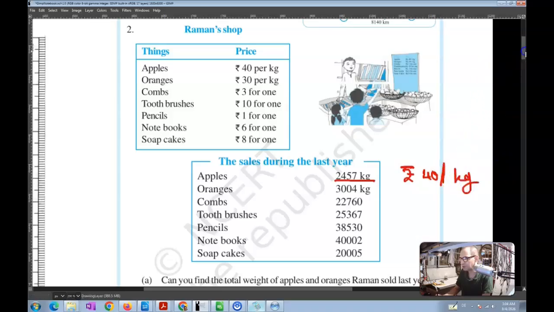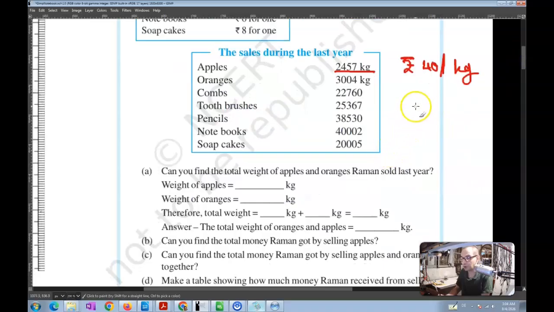That was the unit price for apples. So to find the total money Rahman got by selling all of these apples, how do you find that?